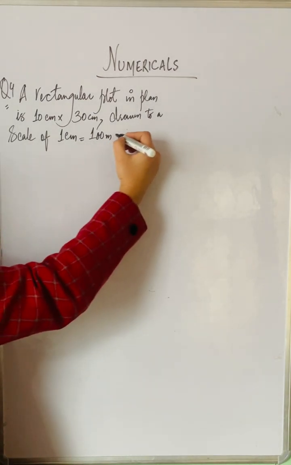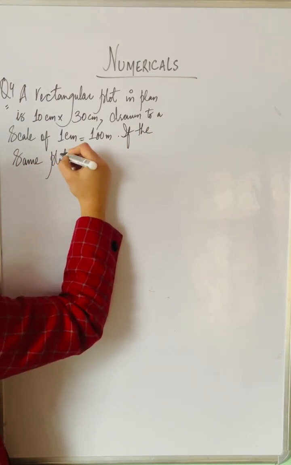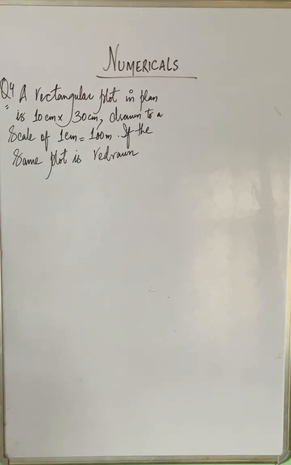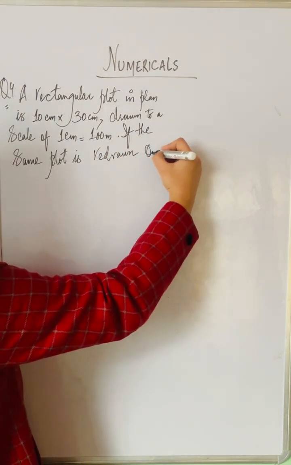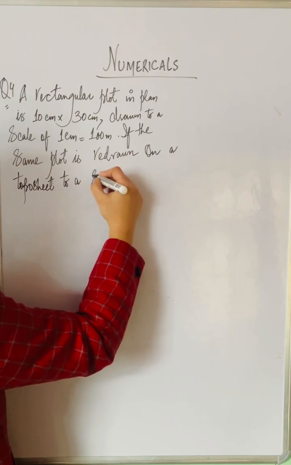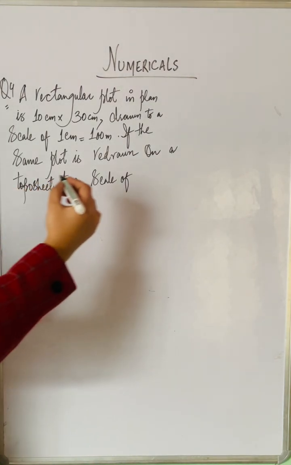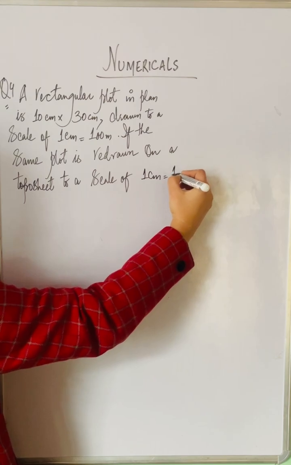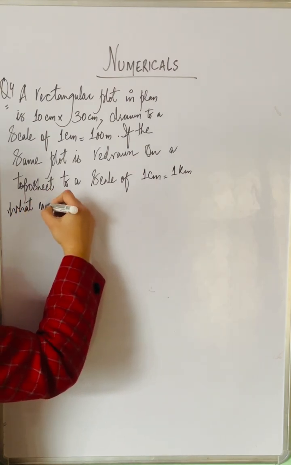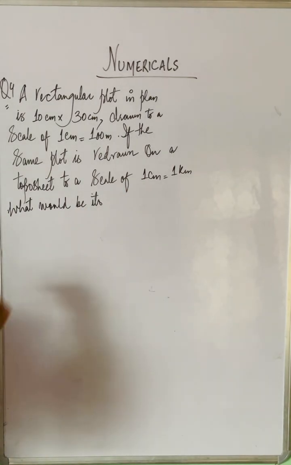If the same plot is redrawn on a topo sheet to a scale of 1 centimeter is equivalent to 1 kilometer, what would be its area on a topo sheet?